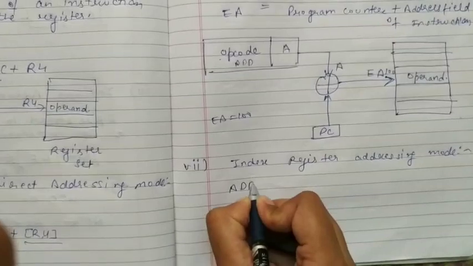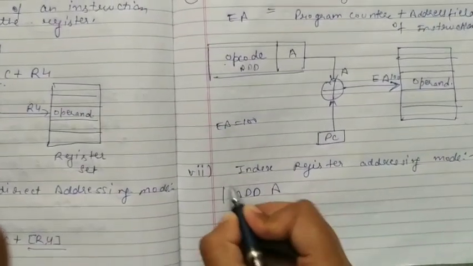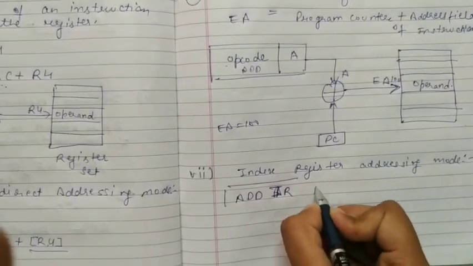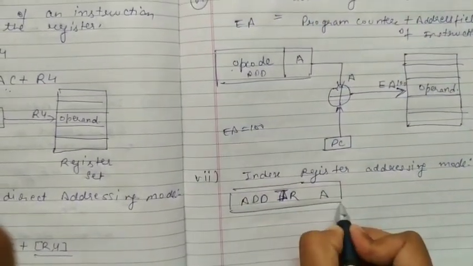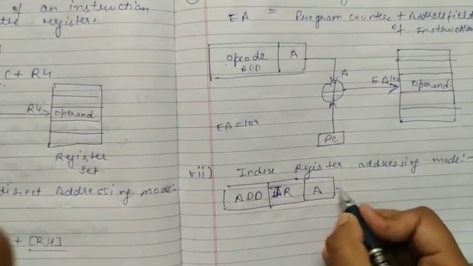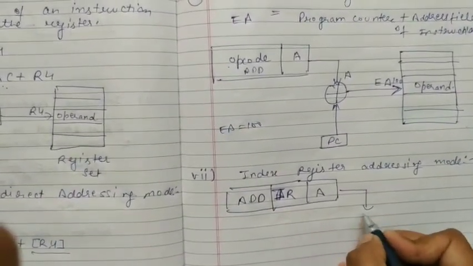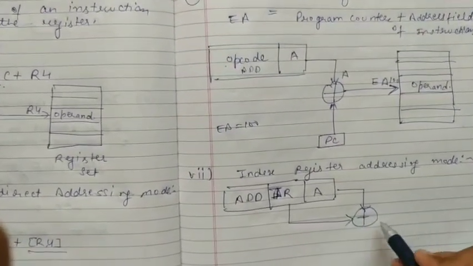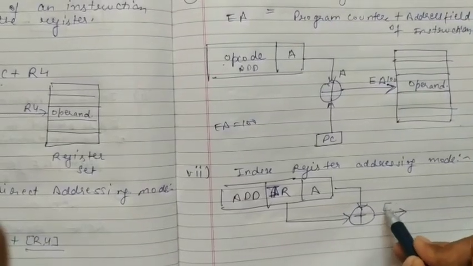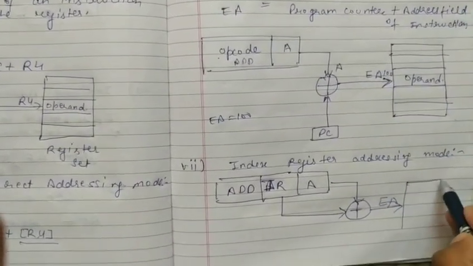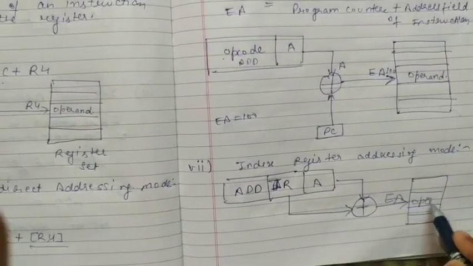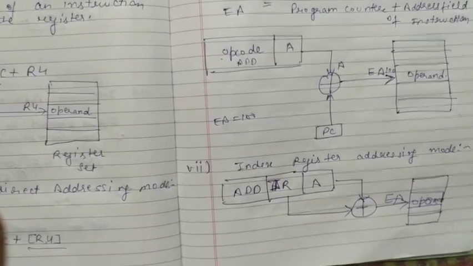Suppose we have the same instruction add A, but here we will have our index register and then A, our operand. So it will add A and the index register value, and that will work as our effective address, and at that effective address we can find our operand. So this is the index register addressing mode.